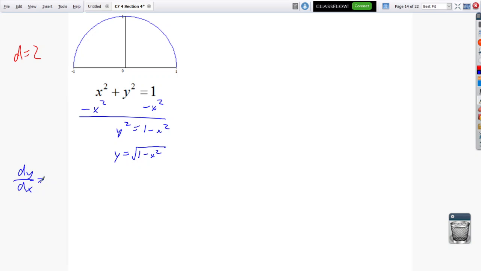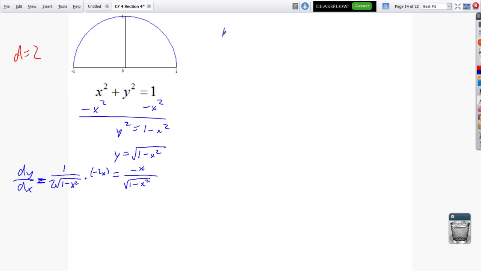But we remember from Chapter 3, oh my goodness, we've done so many chapters, that when we take the derivative of the square root, it's going to be 1 over 2 the square root of the stuff times the derivative of the stuff, so times negative 2x. Making that a little bit simpler, the 2's can cancel off. I'm left with negative x over the square root of 1 minus x squared. So there's my derivative.